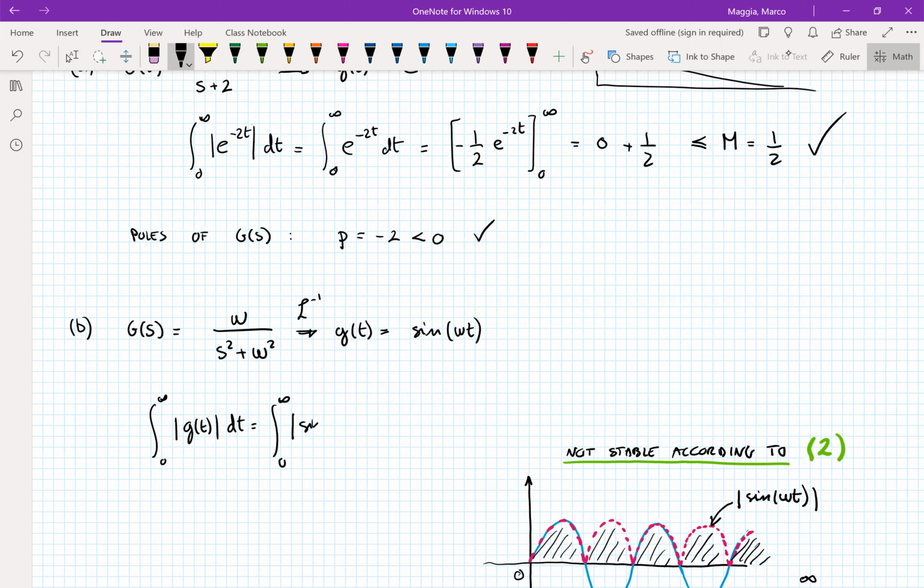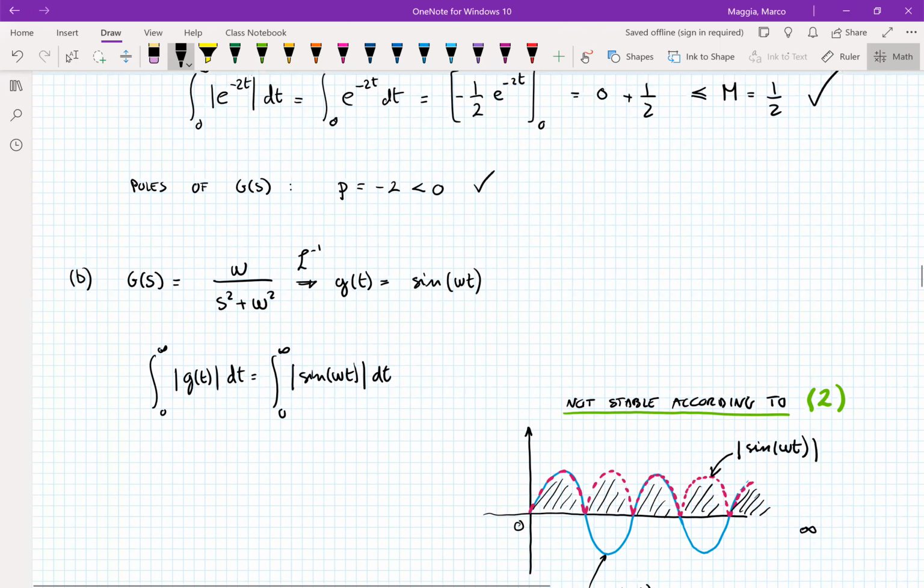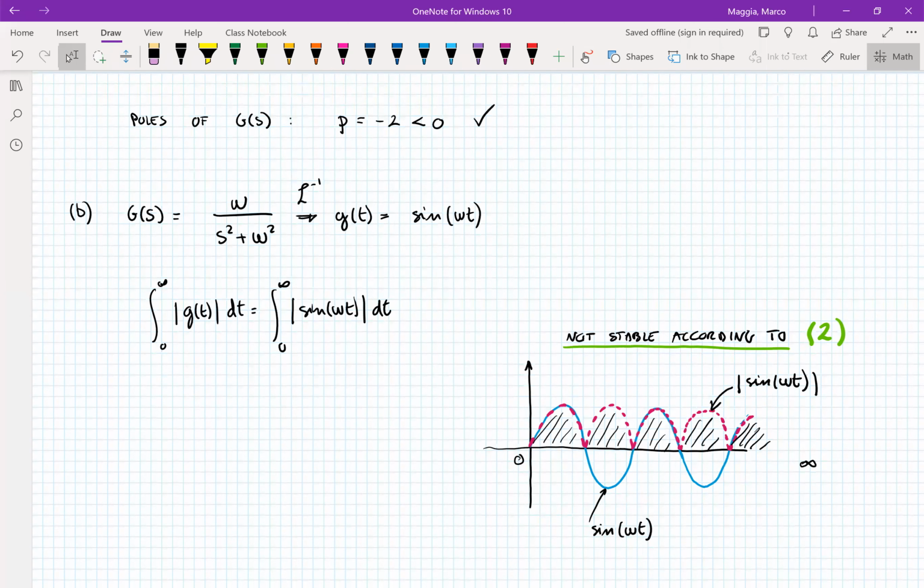Instead of solving it mathematically, let's just solve it graphically. So first of all, let's draw sine of omega t. In this case, it's the blue line. Let's take the absolute value.